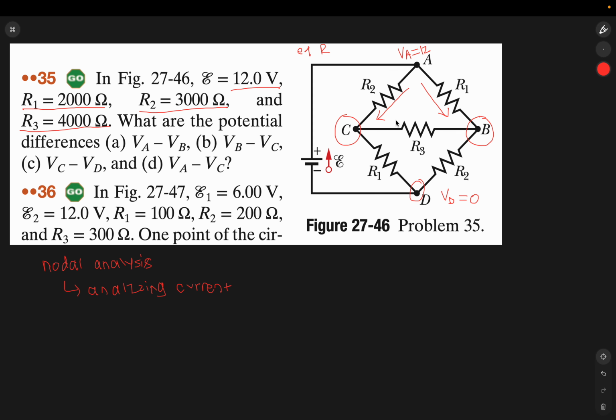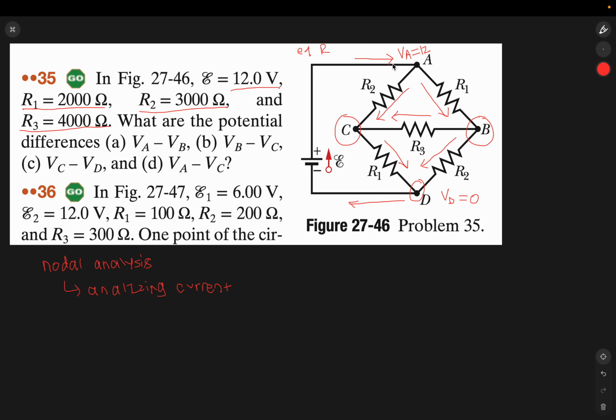It's not really clear which one is correct, but for the purposes of the problem, I believe either direction for the current through resistor 3 will result in the same answer. Let me know in the comments if anything changes if you flip the direction. Of course, our current will continue on down this way to get to point D, and then from D it's just flowing back. So this is our direction of current flow.